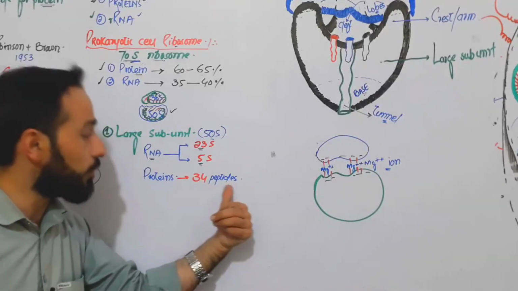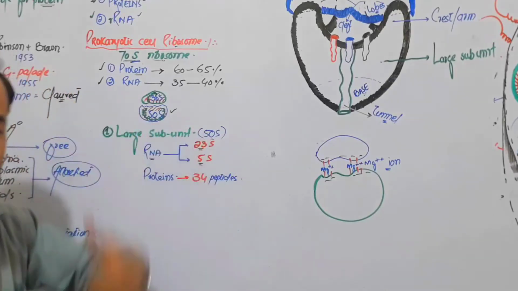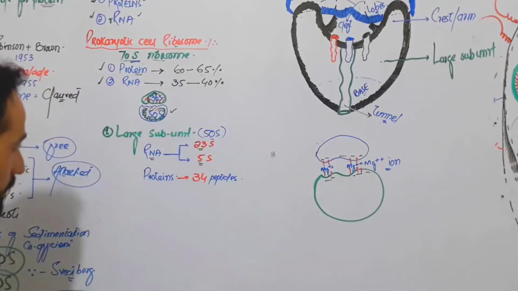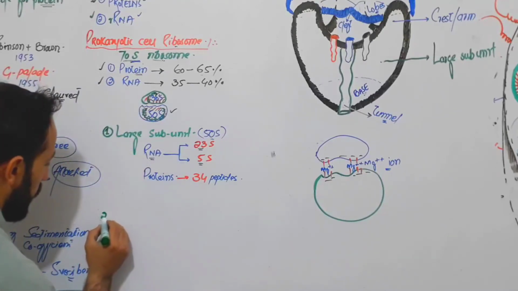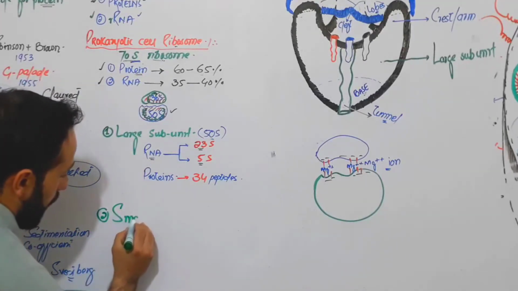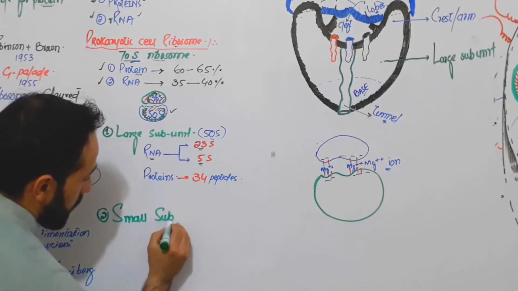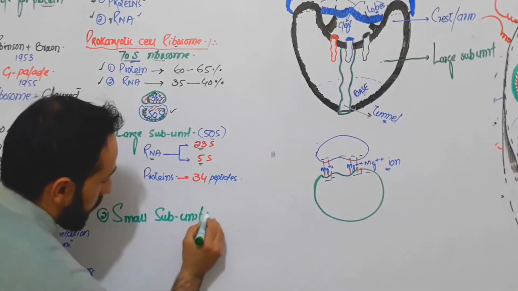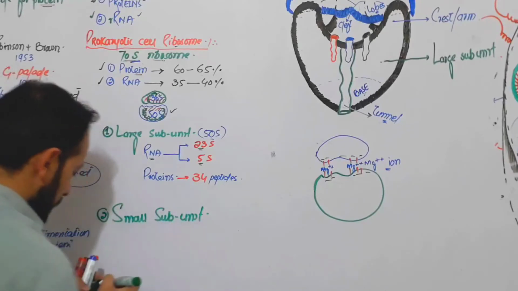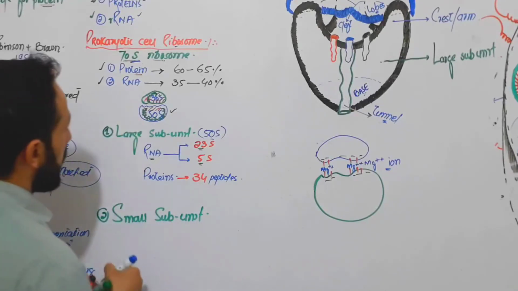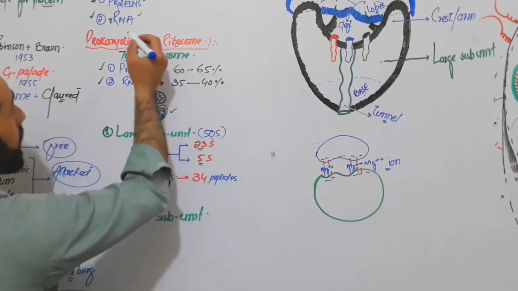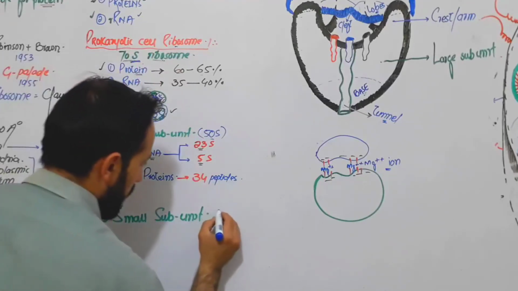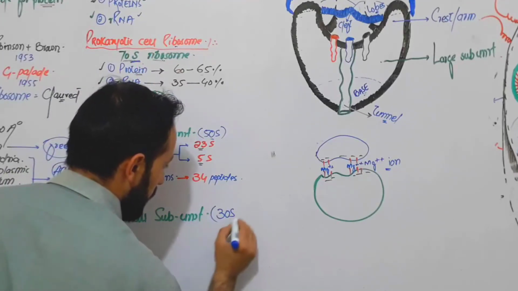So there are 34 peptides present in the 50S ribosome. Done. Then let's move further forward and talk about the small subunit. The small subunit of a 70S ribosome is the 30S, right?